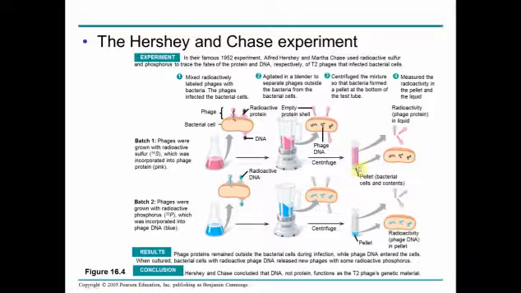And therefore, the bacterial cells didn't get the radioactive sulfur. When they did it here with the radioactive DNA, they found that it was all in the pellet in the bacterial cells, so therefore they showed that the genetic material, the thing that the bacteriophage was injecting into the bacterial cell, was DNA.